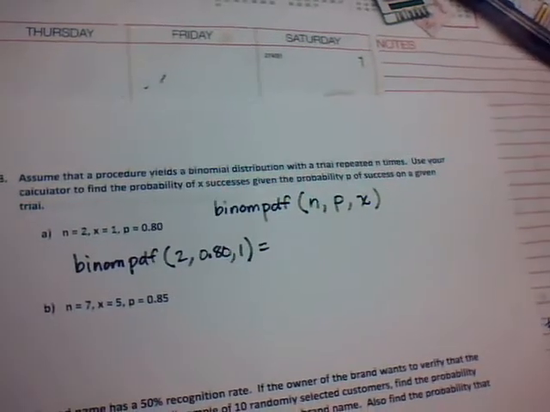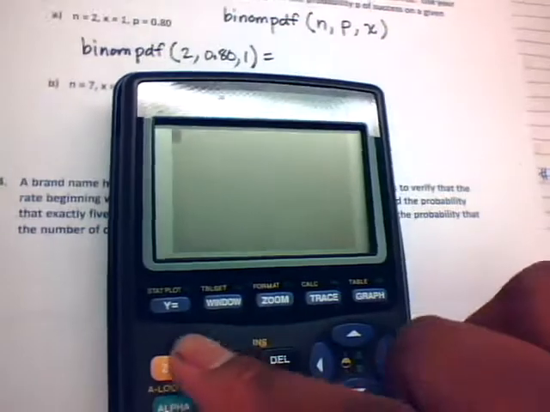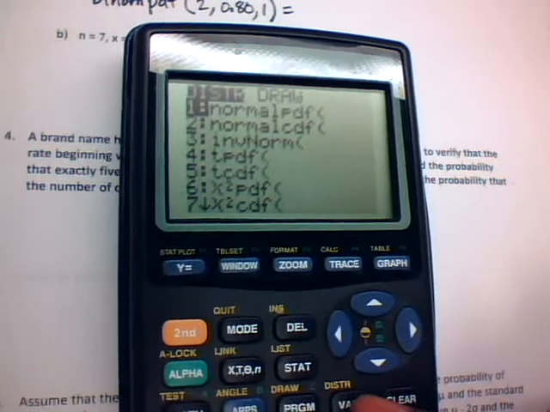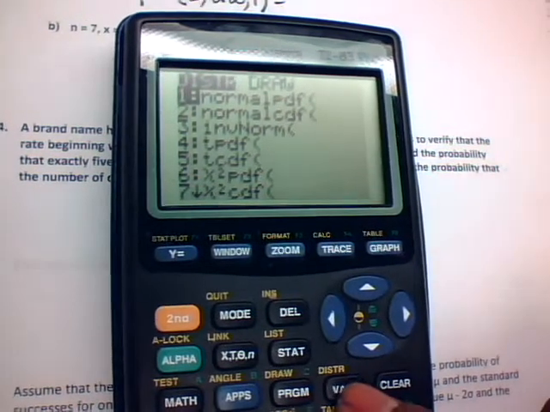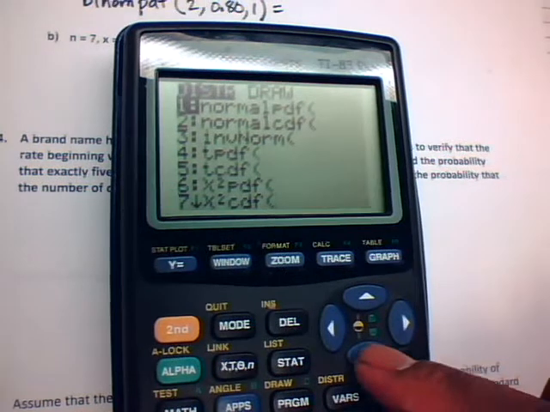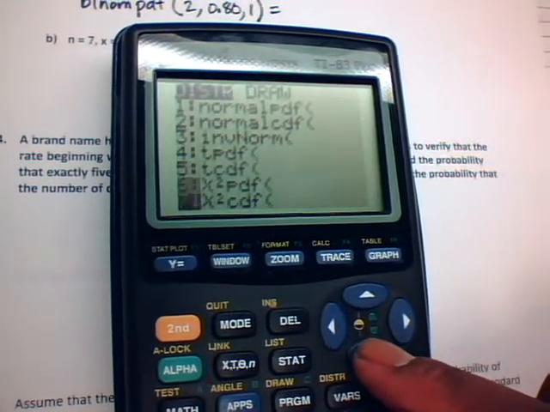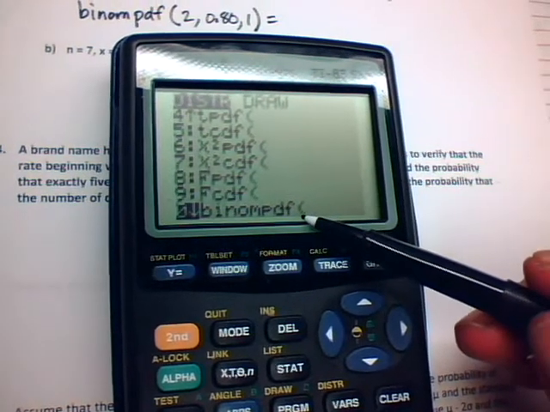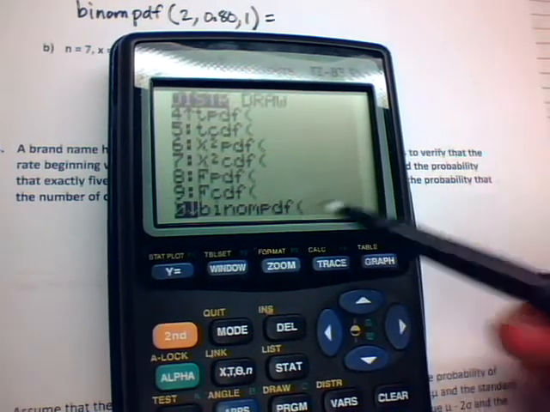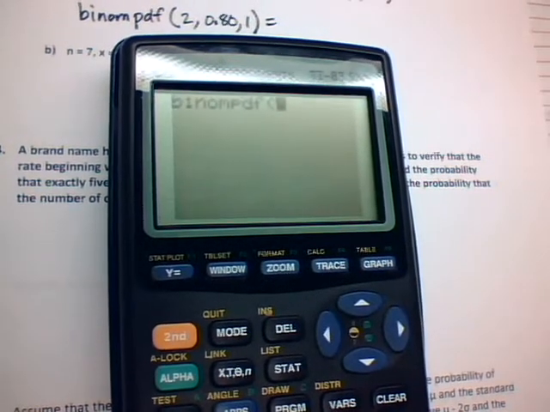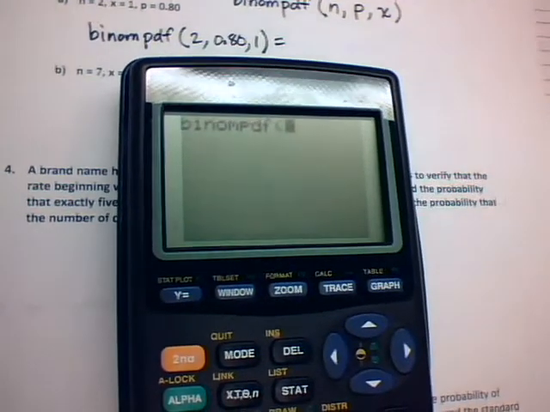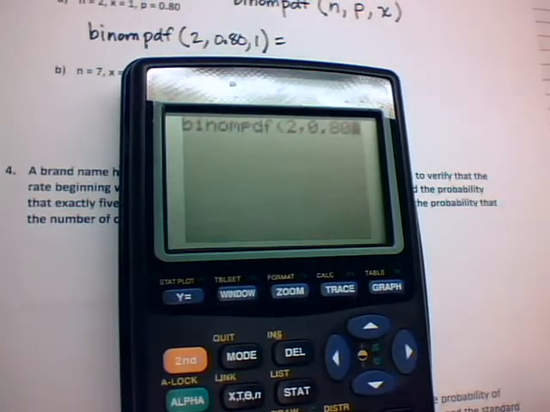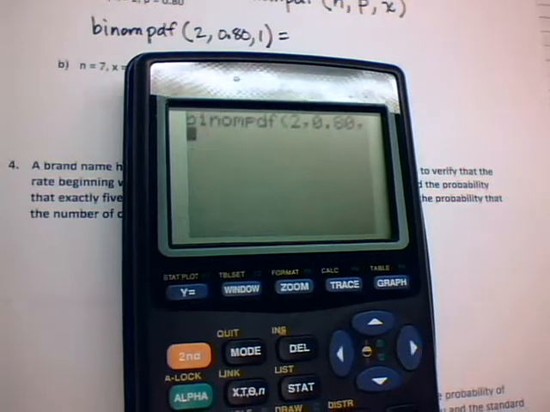Okay, and here's how we enter that on the calculator. We always go to second and then vars to get to the distribution menu. We want to use our down arrow key to find binomial PDF, which is this selection right here, and then press enter. And then we're going to enter n, which is the 2, and then comma, your p was 0.80, and then comma, and your x, which is 1.